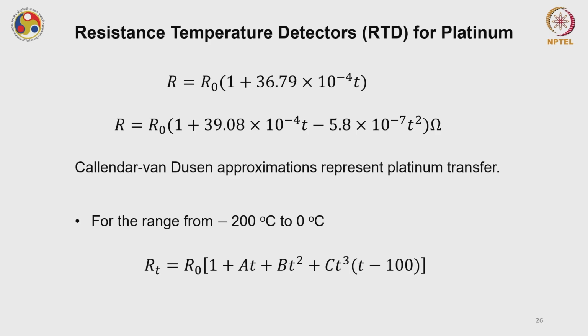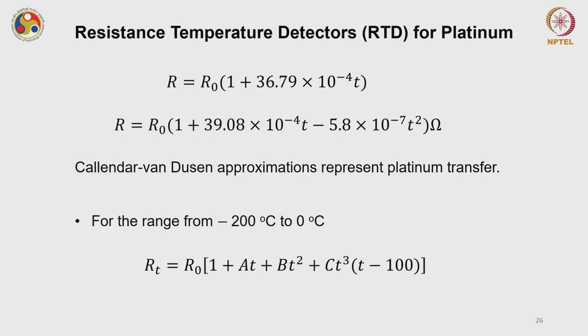Say, consider one example of a resistance temperature detector. Say it is built on platinum. For that kind of device, the linear approximation usually gives you R is equal to R naught into 1 plus 36.79 into 10 power minus 40, just for an example. But if you talk about the quadratic approximation equation, it will be even more precise.